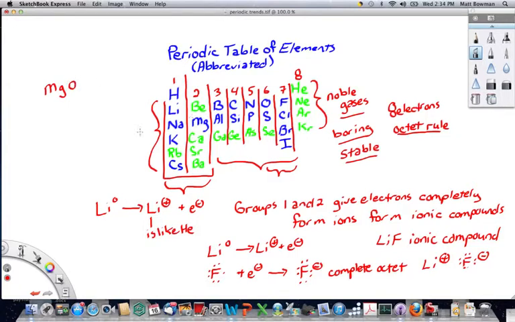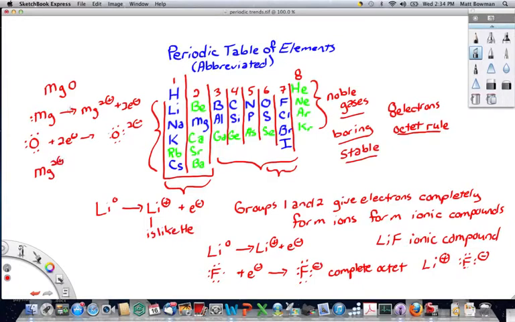Magnesium can give up 2 electrons because it's in group 2. Oxygen is in group 6, so it has 6 electrons. If it accepts 2 more electrons, you get the O2 minus. So magnesium oxide is another ionic compound.